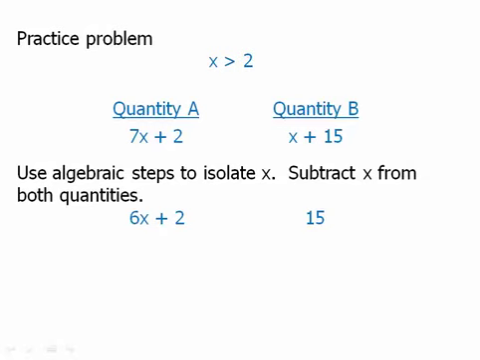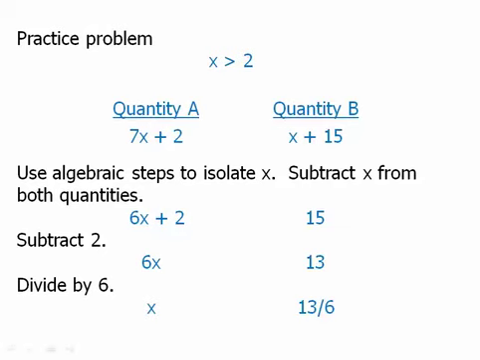Then what I'm going to do is subtract 2 from both sides. Then I'm going to divide by 6. So that gives me x in quantity A and 13 over 6 in quantity B. Those are the two things we're comparing. So if x is greater than 2, which of these two quantities is bigger?